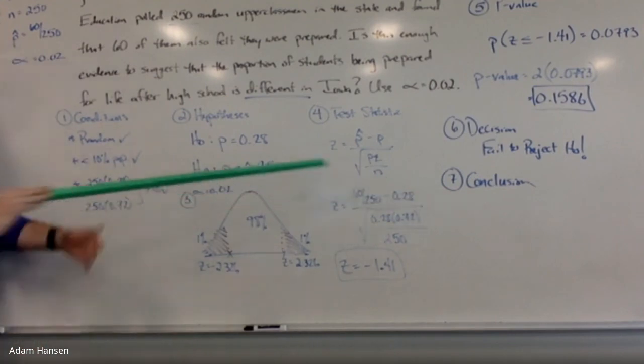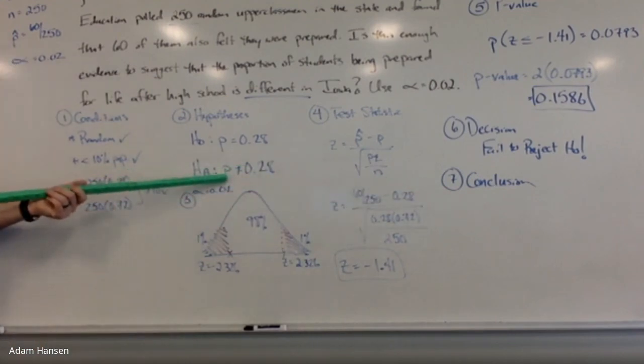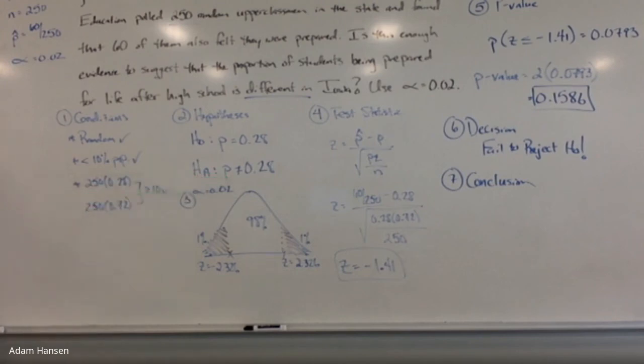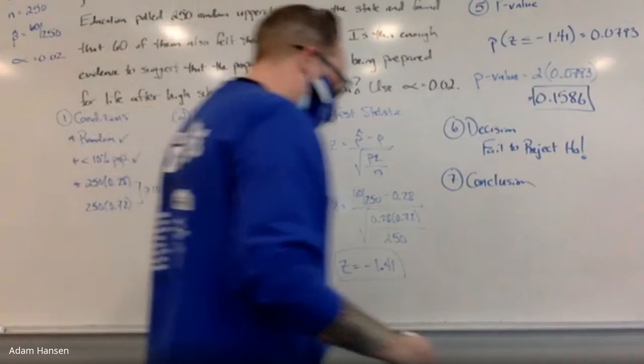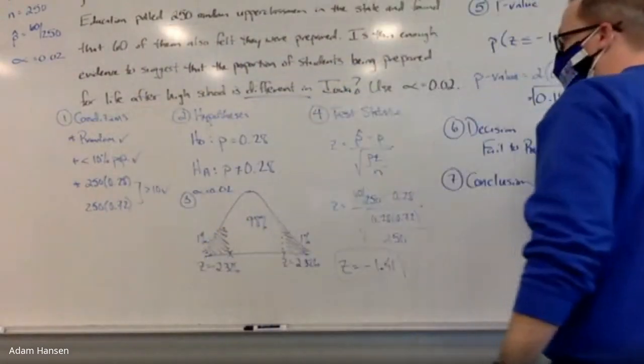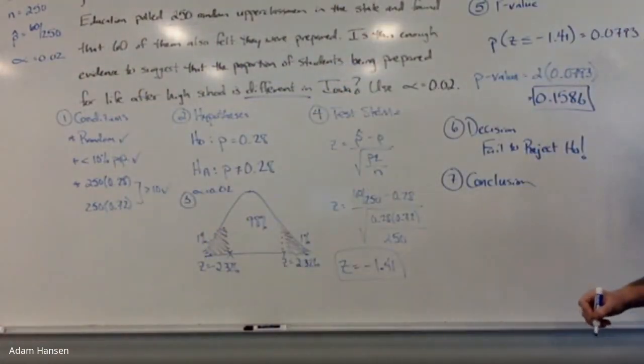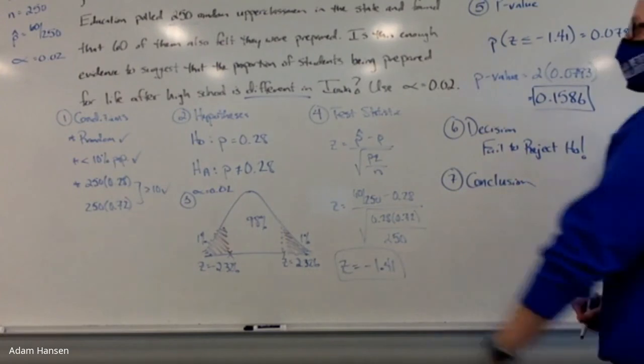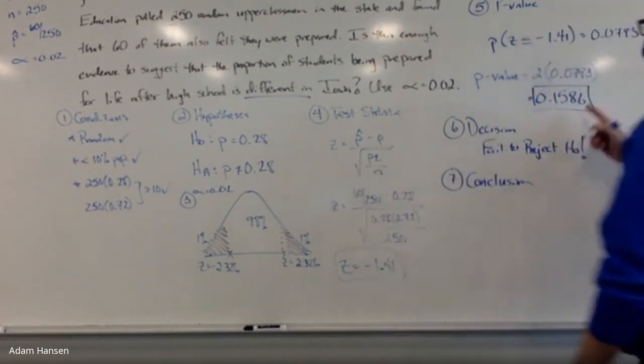We lack evidence to show that it's different than 28% of students in Iowa who felt like they're adequately prepared for life after high school. You don't find the defendant innocent, you find the defendant not guilty. We failed to convict because of lack of evidence. We failed to show differently based off of our sample.